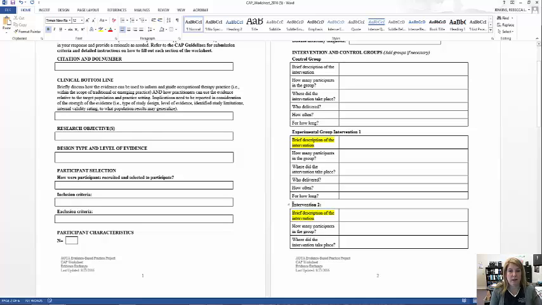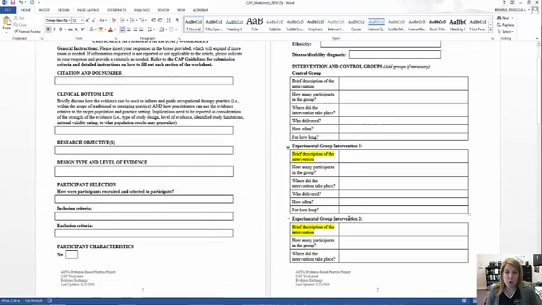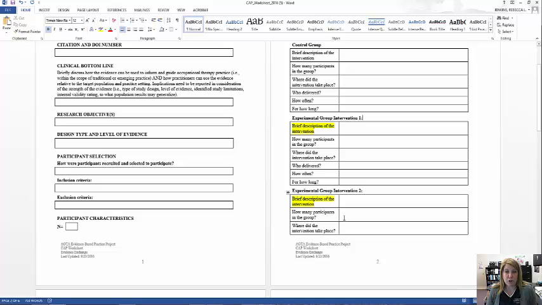And then we could say experimental intervention 2. So you can do something like that. You need as many boxes or sets of boxes as you have interventions. So if you have multiple interventions, you need to put them here, but they need to relate to your clinical question.